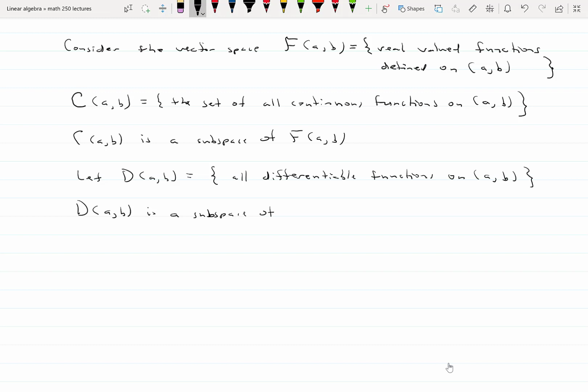D is a subspace of, what do you think? D is a subspace of C of A, B. D is a subset of C because every differentiable function is continuous.